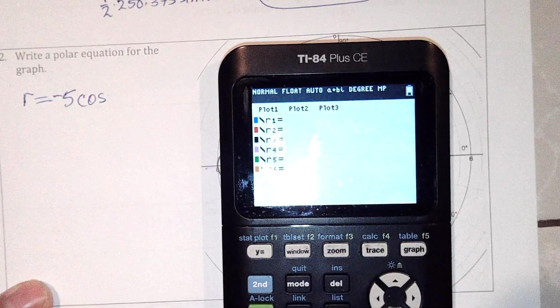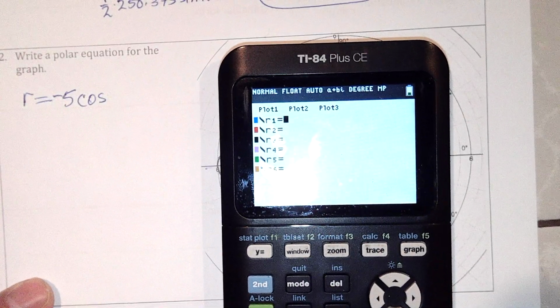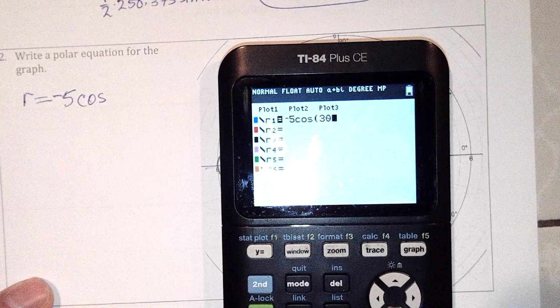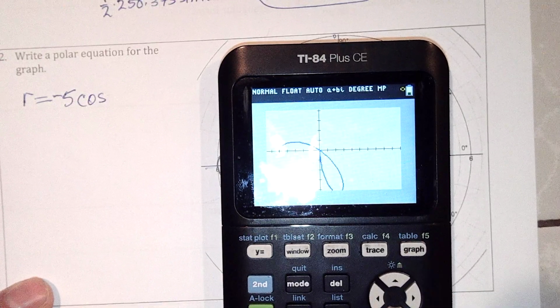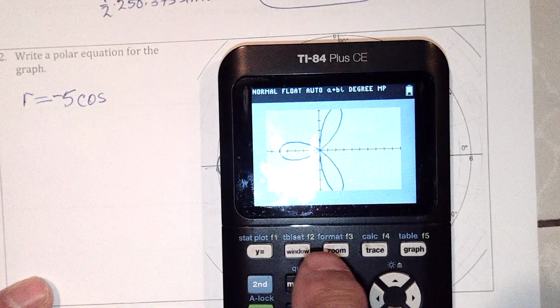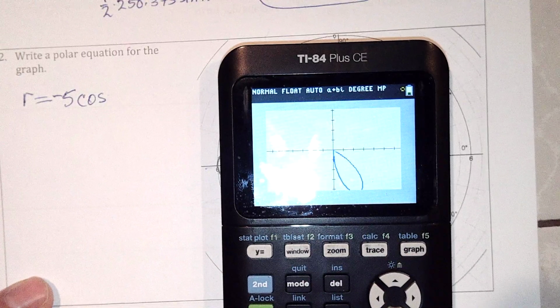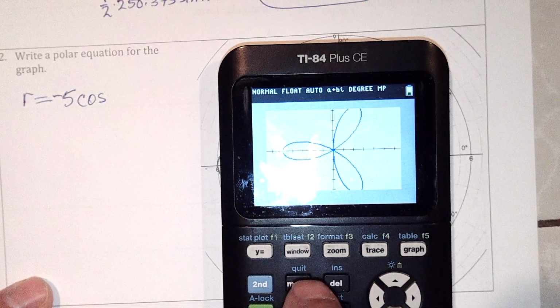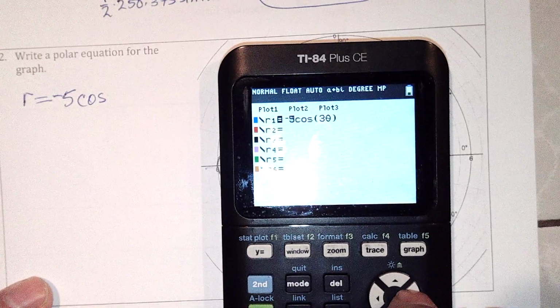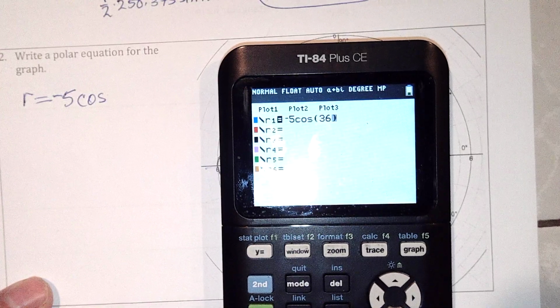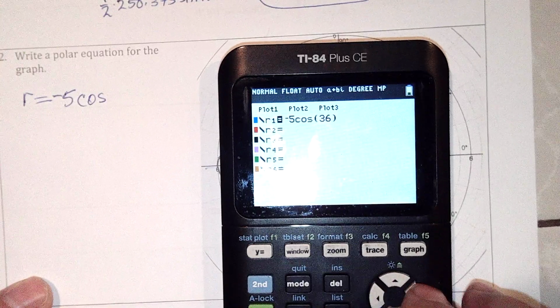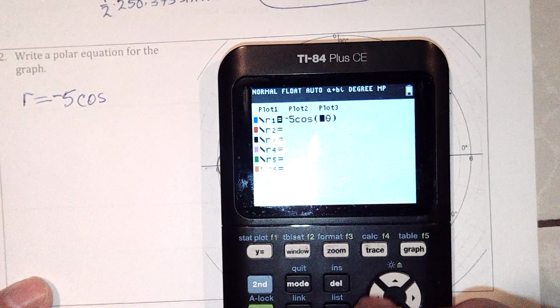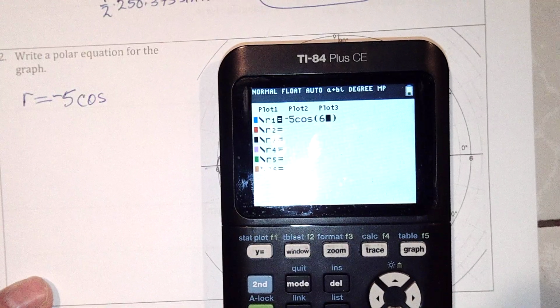I'm going to put in -5 cosine. We'll try 3 theta, and I'll graph that. That does 3. I better do zoom 4. There's more proportional. I wonder if I do 6 theta.